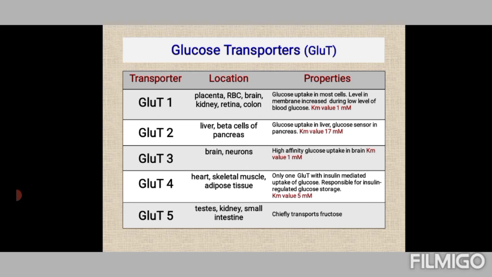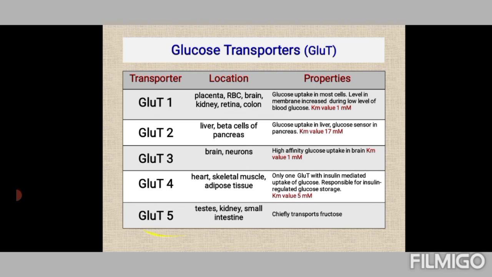Hence it can be specially seen that GLUT4 is expressed in high amounts in response to insulin, because this is insulin dependent. This further helps to bring down the level of glucose in blood to normal level after a carbohydrate meal, in addition to the glucose being taken up by liver and pancreatic cells. So it is obvious that the Km value of this particular glucose transporter helps to maintain blood glucose level, apart from the work that is being done by liver and pancreas.